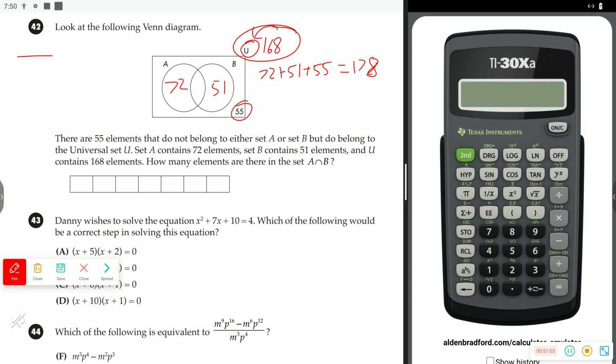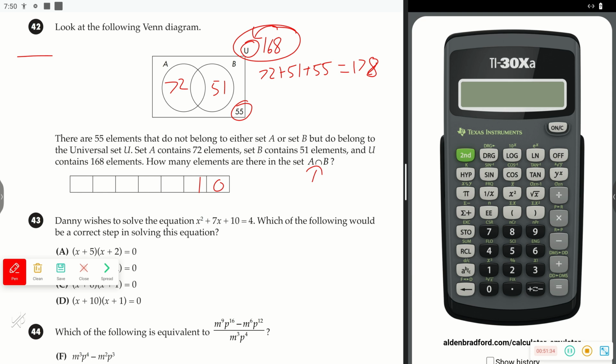So how many elements are both in set A and set B? So basically, how many duplicates were there? And I'm pretty sure the answer is 10.